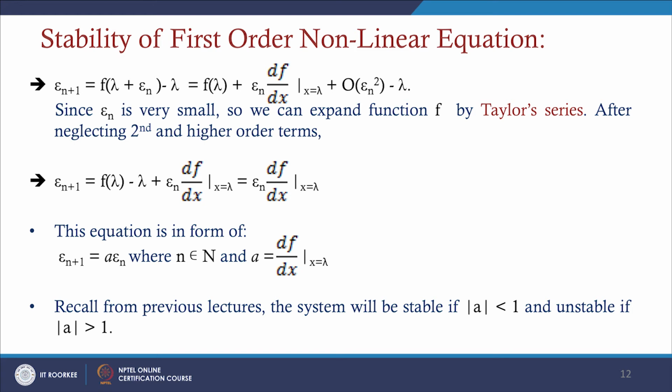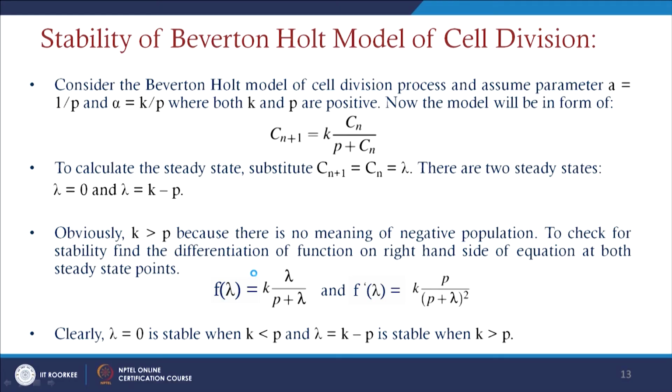This equation is of the form epsilon_(n+1) equals a epsilon_n, where n belongs to the natural numbers and a is df by dx at x equals lambda. Recall from previous lectures that the system is stable if mod a is less than 1 and unstable if mod a is greater than 1.